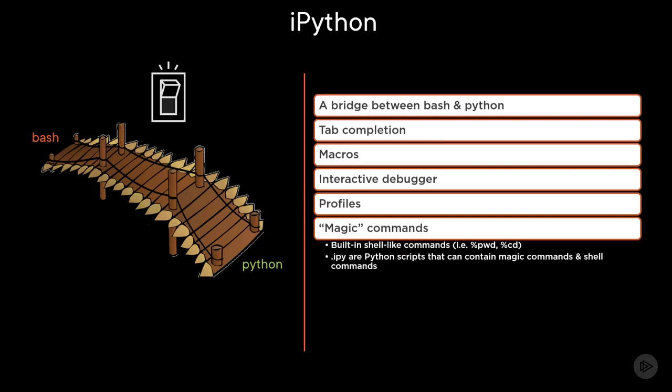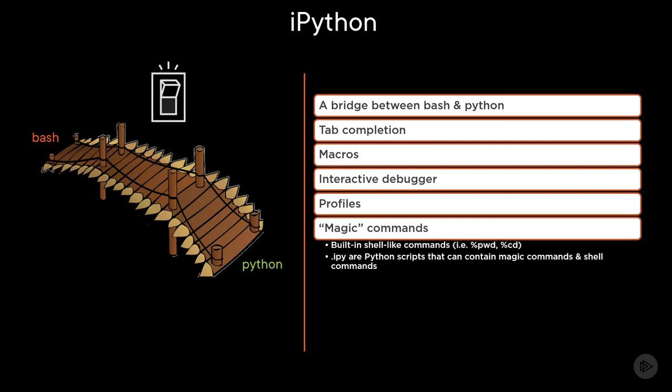So you can see there, we could actually run our working directory with the %pwd, or we could go ahead and change directories in the IPython interpreter using the %cd. And we can't do that with the standard basic out-of-the-box Python interpreter.